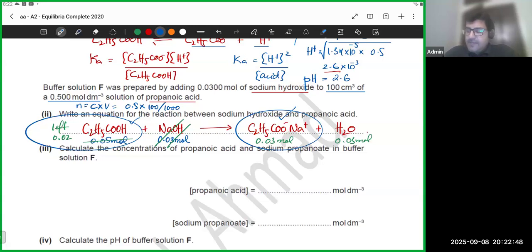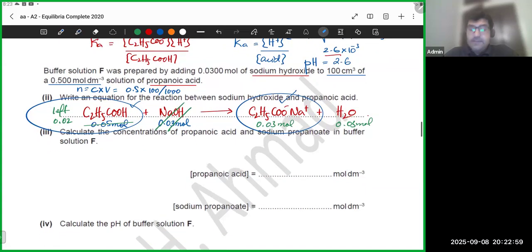And now it's a buffer. Why is it a buffer? Because the solution now has the leftover weak acid and it also has the conjugate base, which is the salt. So now he's asking not for the moles, but for the concentration of propanoic acid.